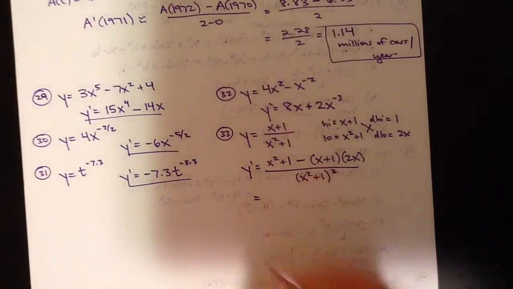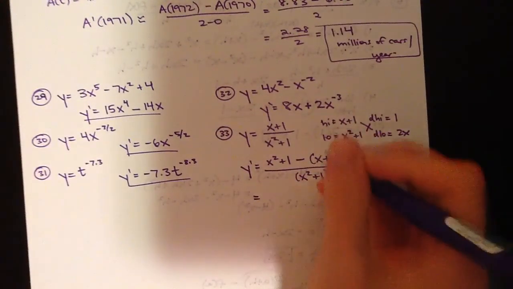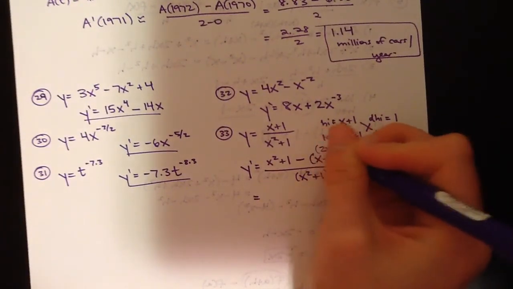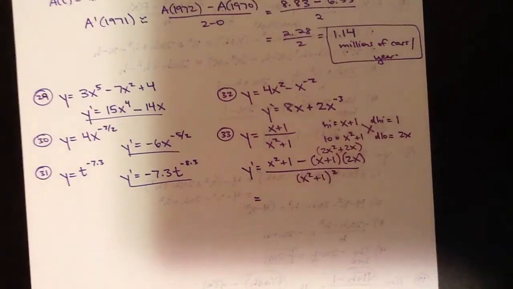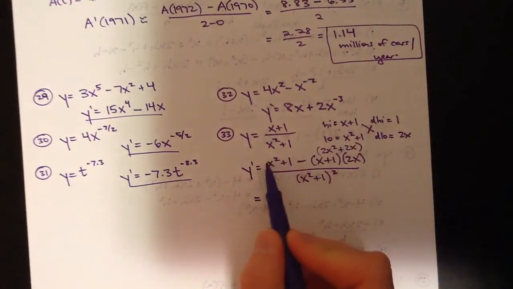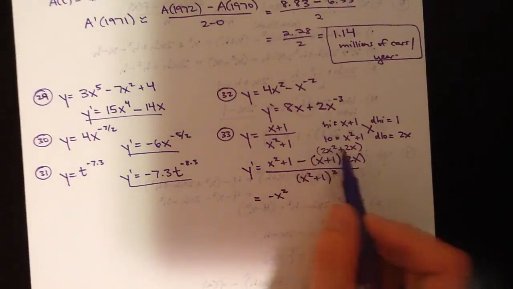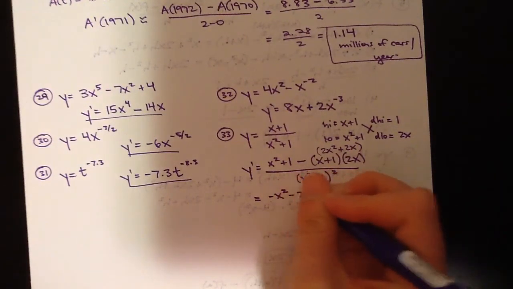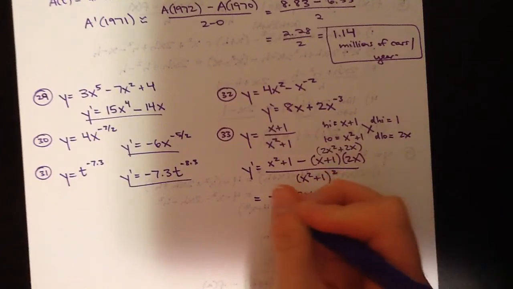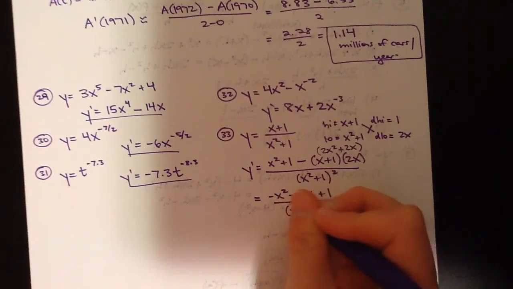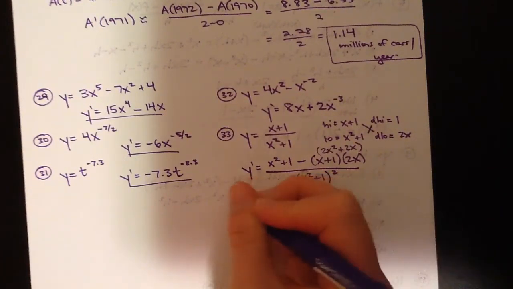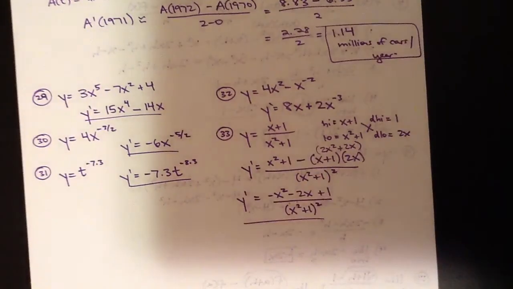We are going to do some distributing here, so distribute the 2x, and I have the quantity 2x squared plus 2x. So I can do some subtracting, so x squared minus 2x squared is a negative x squared, and then I have minus 2x, and then here's the plus 1 from the left-hand side, and then over the quantity x squared plus 1 quantity squared. And that's as far as you need to take that. Like I said, no need to FOIL out the denominator or anything like that.